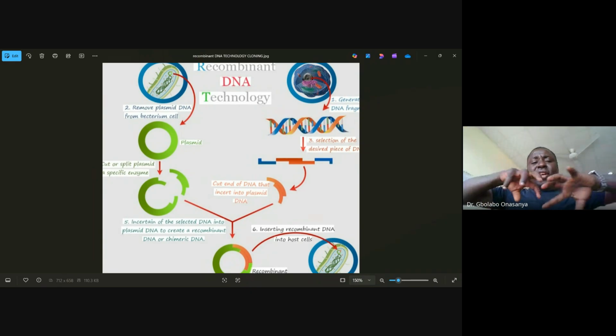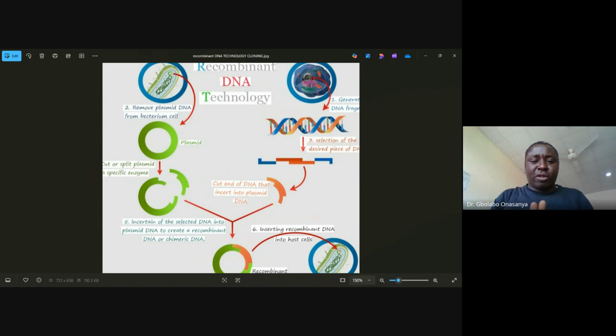So the electric impulse generated within the test tube has created high concentration. So by osmotic pressure, the recombinant DNA will move into the bacteria. Those bacteria that take up the recombinant plasmid become transgenic bacteria. That is how we create transgenic organisms, because the bacteria is now carrying foreign DNA.